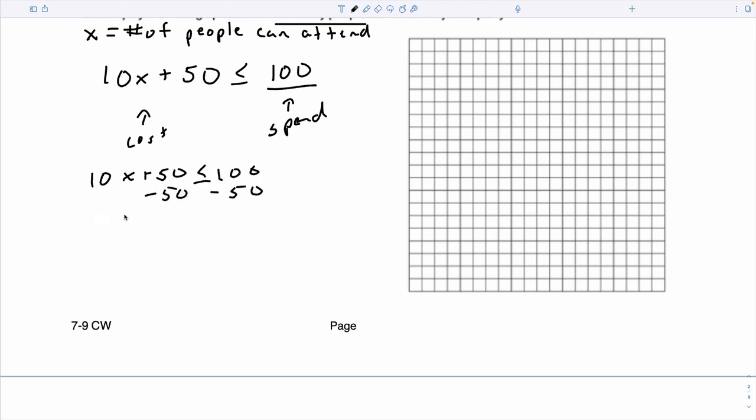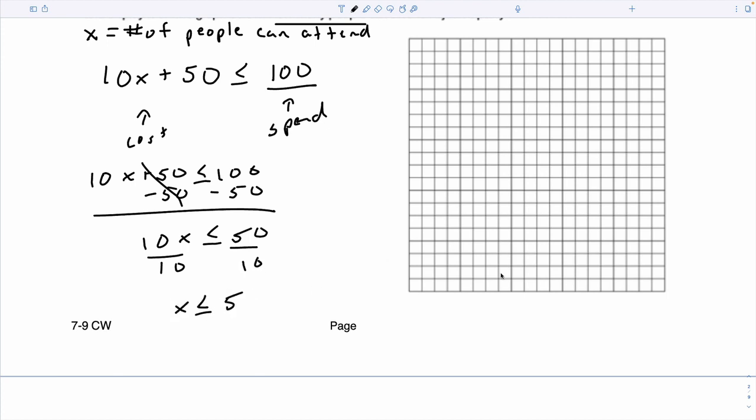I know, I made it too easy. You'll be fine. 5. That's how many. I don't have to flip. It stays the same. Drop that on your number line. 1, 2, 3, 4, 5. Is my line dotted or filled in, Andrew?